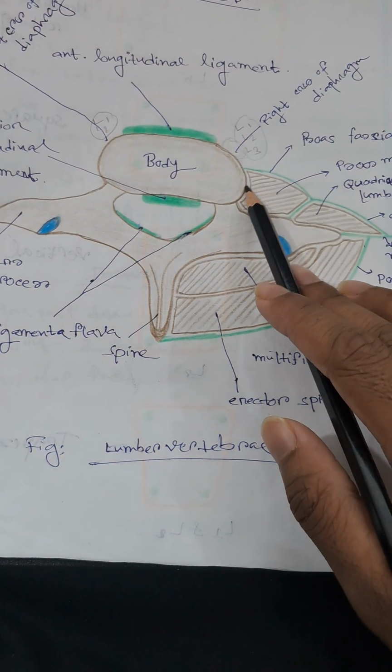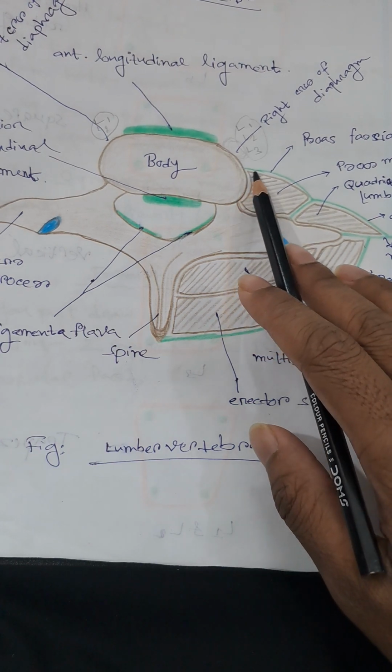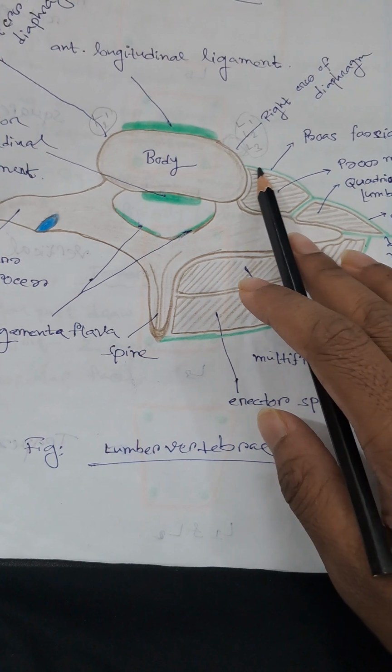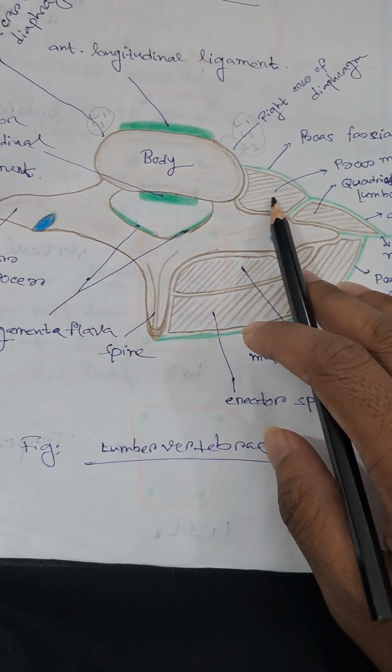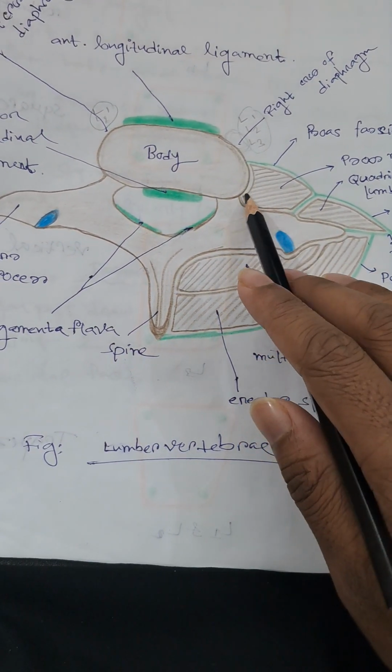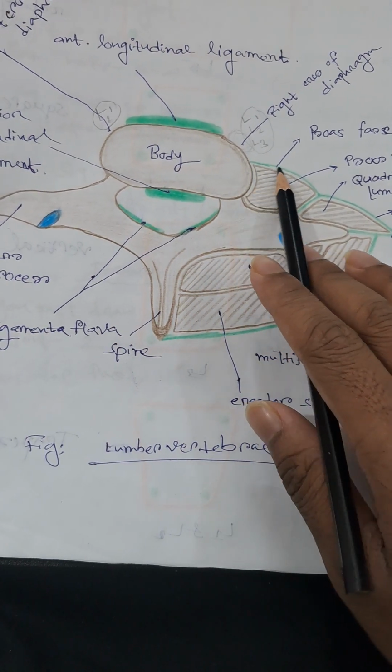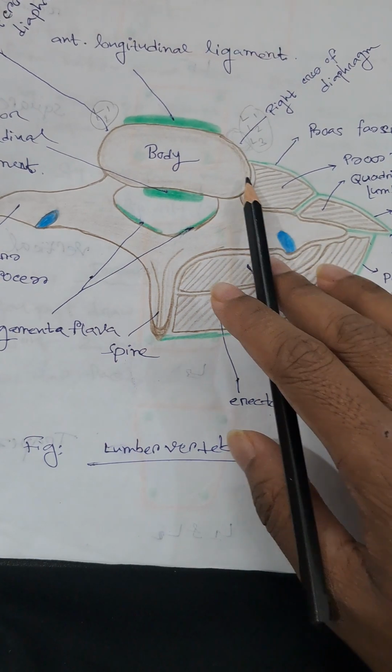The side of the body is attached with the psoas fascia. This muscle is the psoas major muscle, which is covered with the psoas fascia.